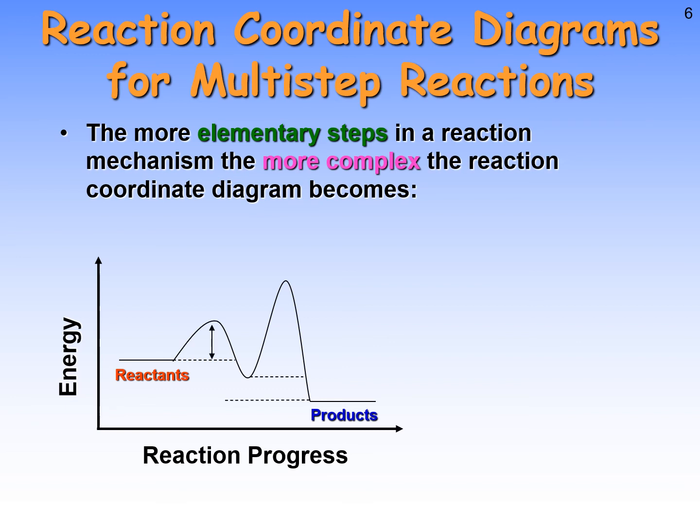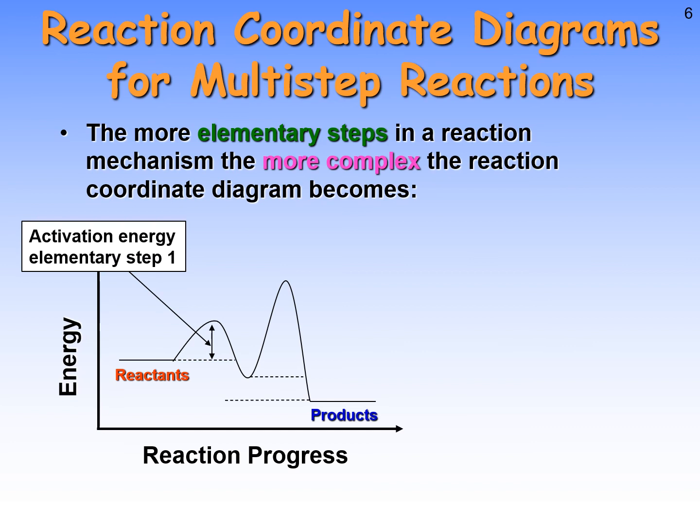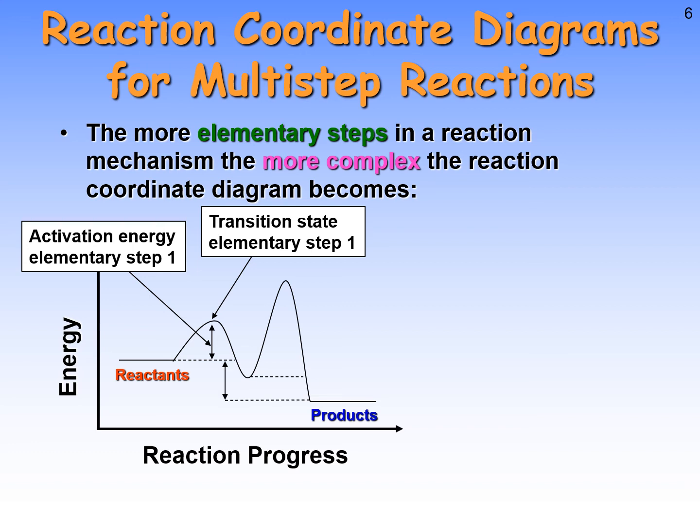So from the reactants to the top of the first peak here is our activation energy of elementary step 1. The transition state of the first elementary step is going to be at the peak. Then we have the delta H of our reaction between the reactants and products.